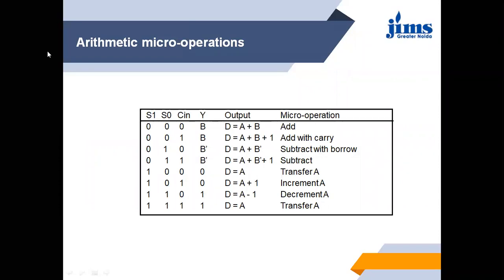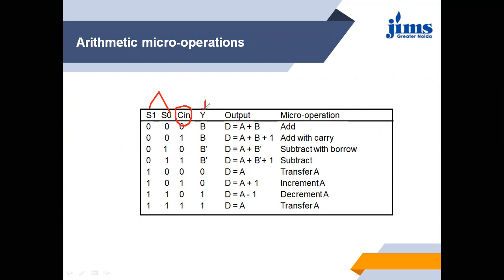Now these are some other micro operations. We have two inputs, S1 and S0, and Cin is for the carry, that is, whether there is a carry from the last bit or not, and Y is the output.